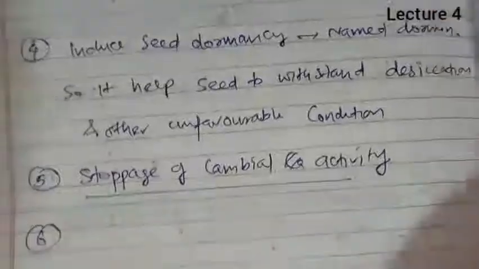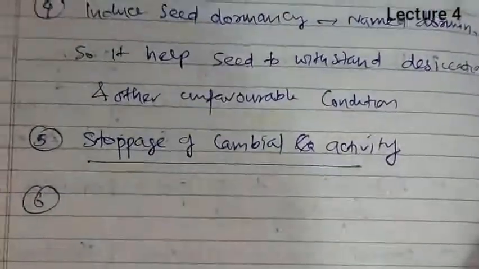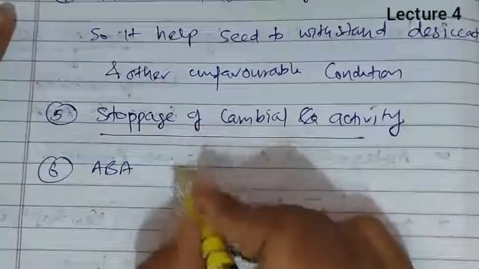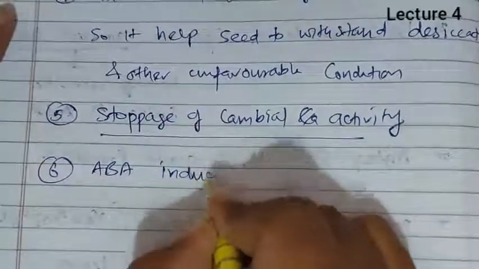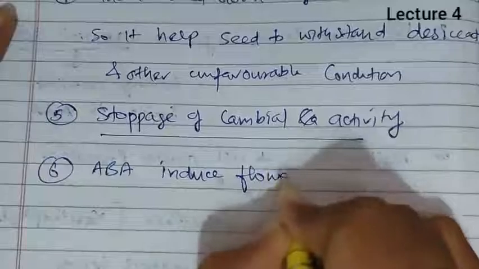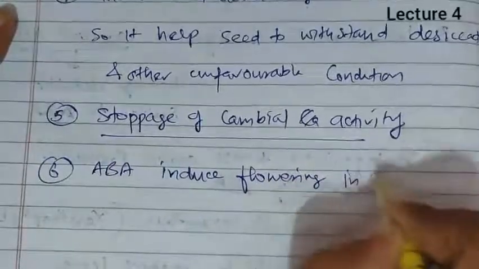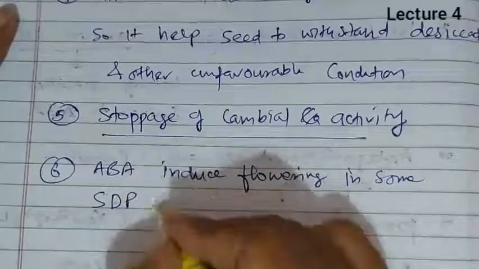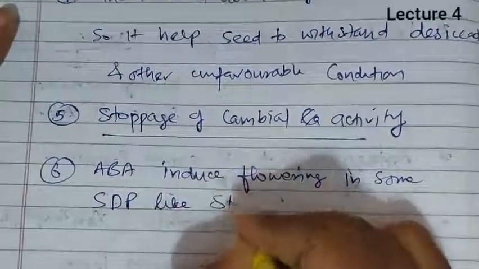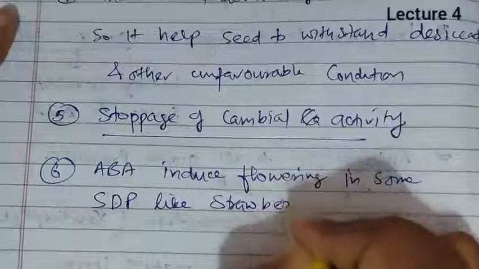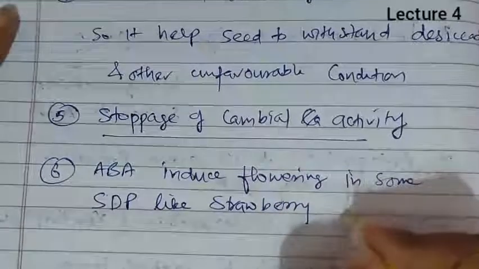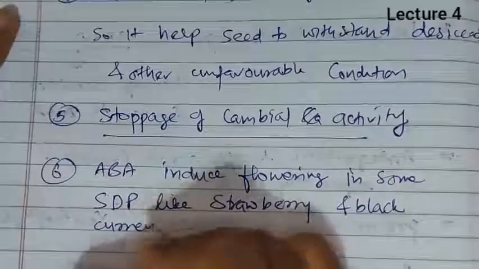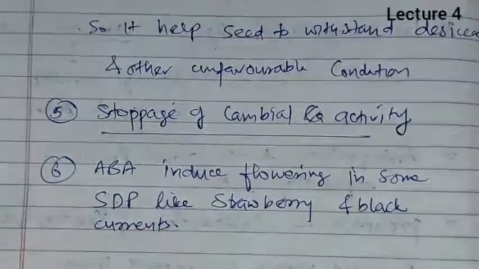Sixth, abscisic acid induces flowering in some short day plants like strawberry and blackcurrants.